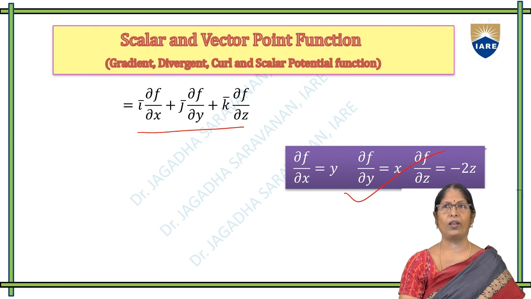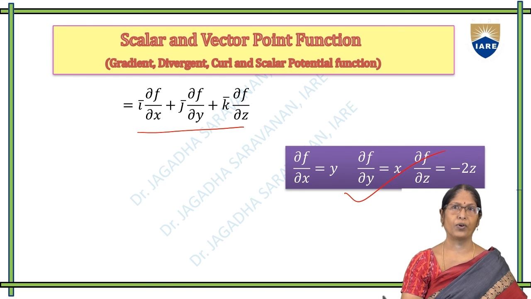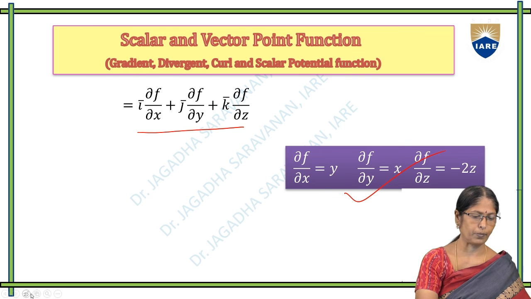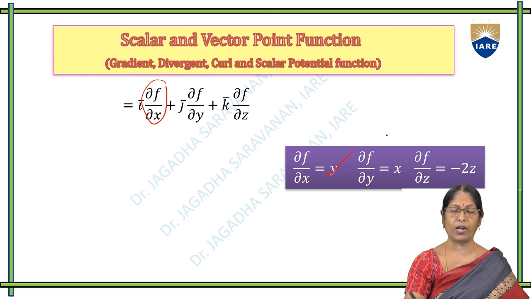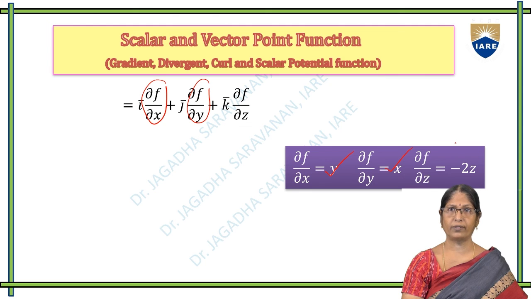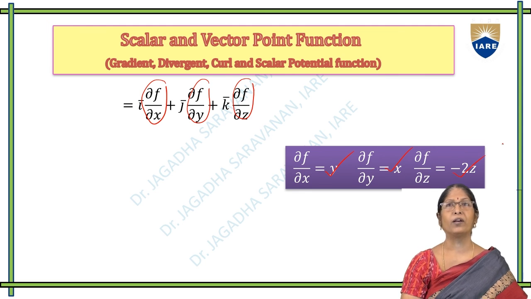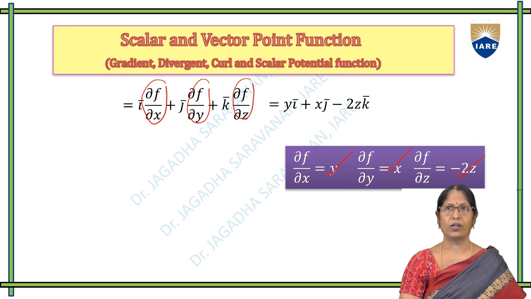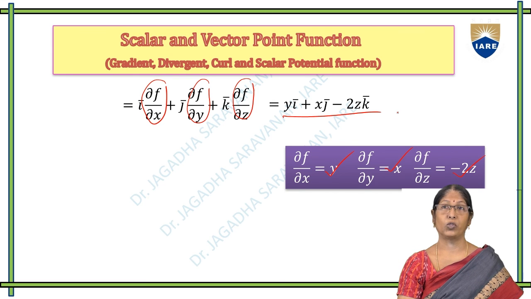We already found these values, so we replace them: dou f by dou x is replaced by y, dou f by dou y by x, and dou f by dou z by minus 2z. After replacing, we got the vector yi plus xj minus 2zk.